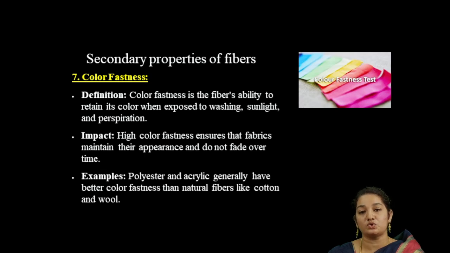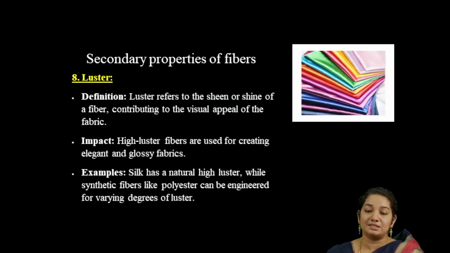So when constructing the garment, color fastness testing should be done beforehand to protect the look and appearance of the garment. Polyester and acrylic generally have better color retention than natural fibers like cotton and wool.